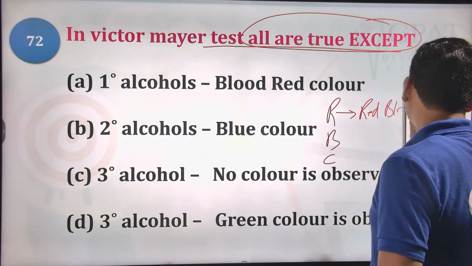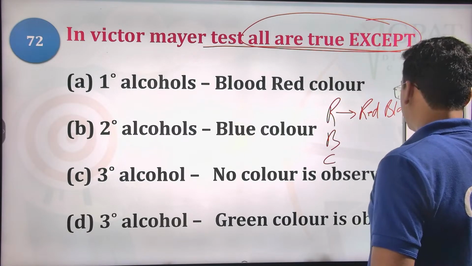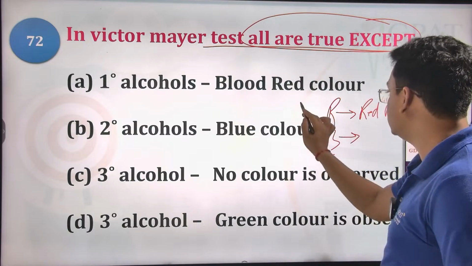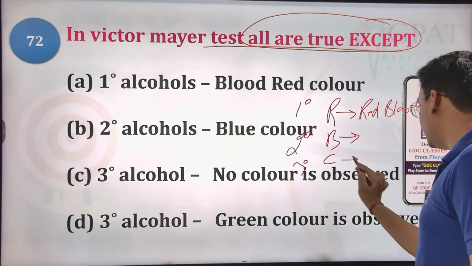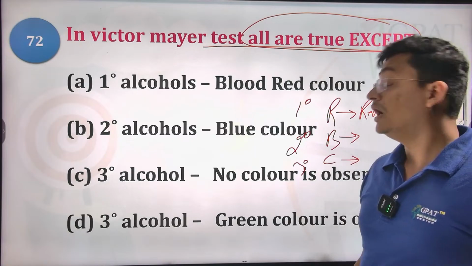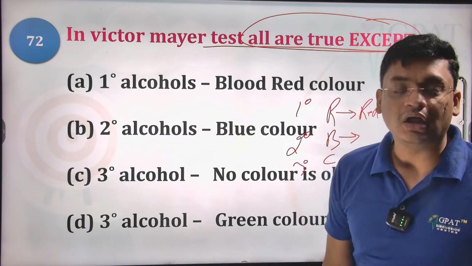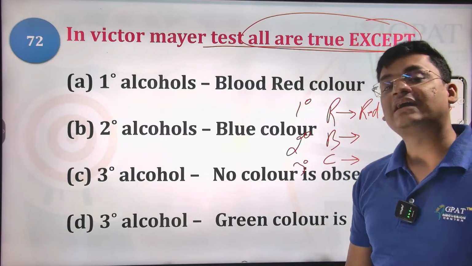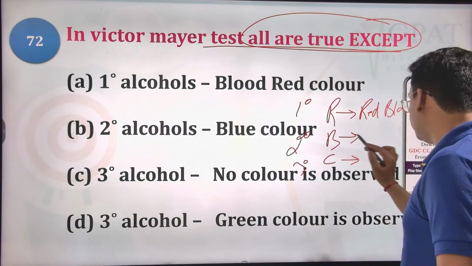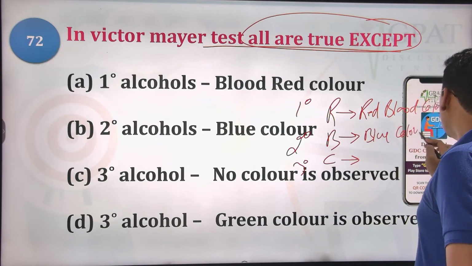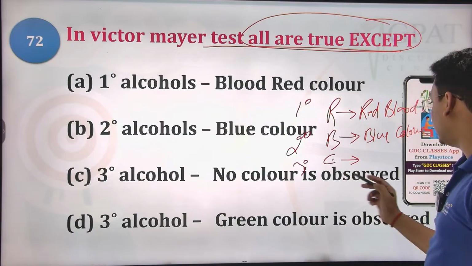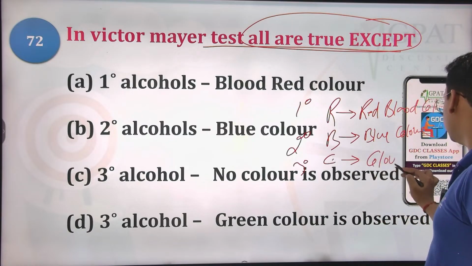When a 2 degree alcohol reacts, it gives blue color. And the 3 degree gives colorless.